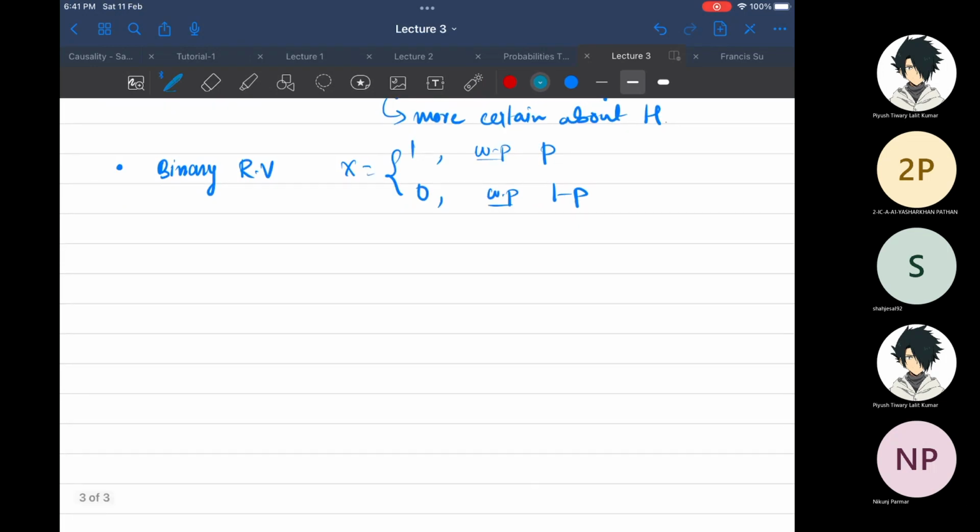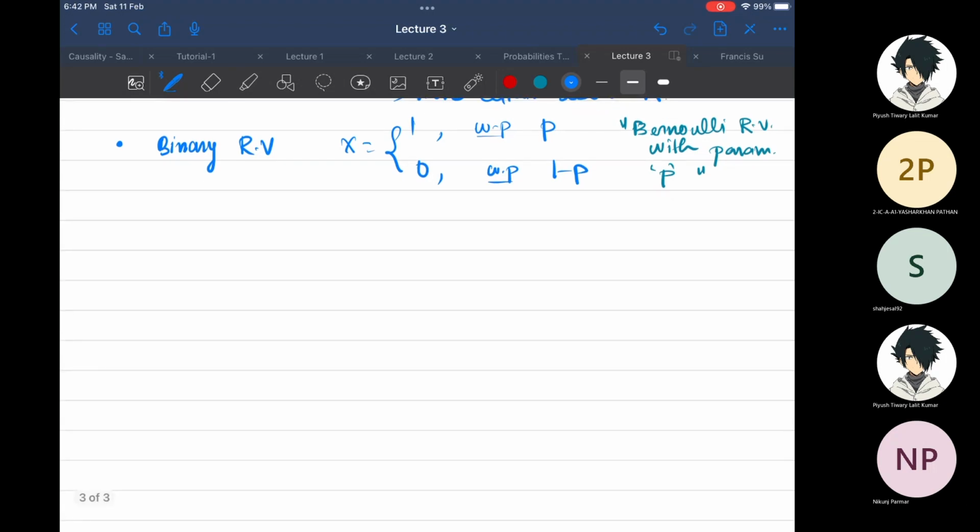It is also called a Bernoulli random variable with parameter p. I had discussed this in the probability theory part, but even if you don't remember it, it's fine, because most of the time you won't remember the exact distribution.